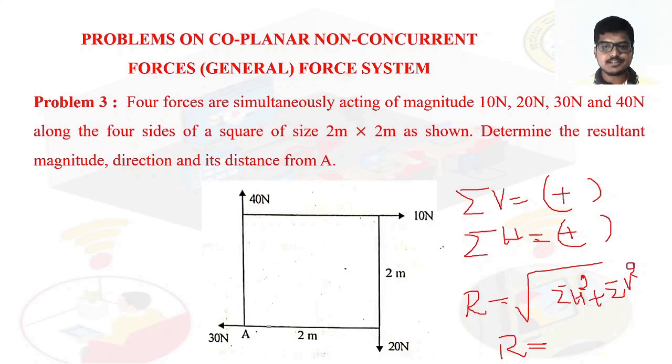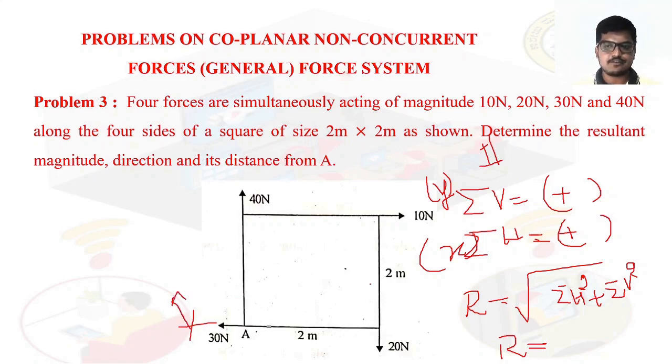So sigma H we will take as x-axis, sigma V we will take as y-axis. So if x is negative and y is positive, it is confirmed that it is in the second quadrant. So we have to draw the resultant here in the second quadrant.